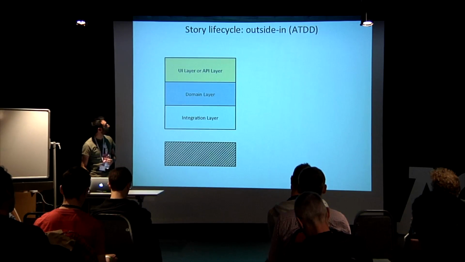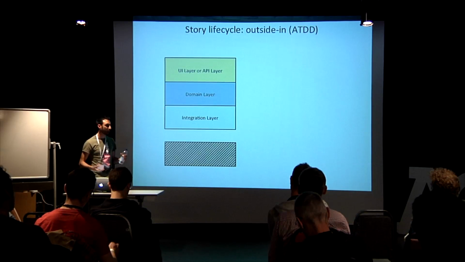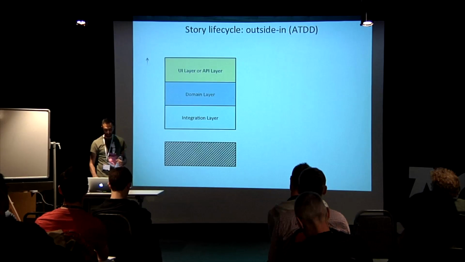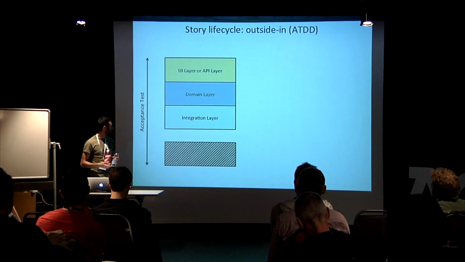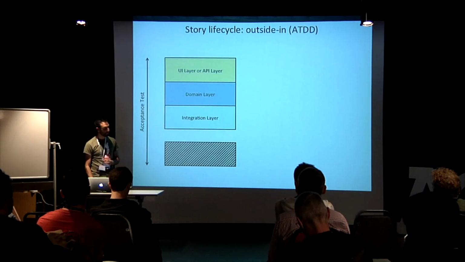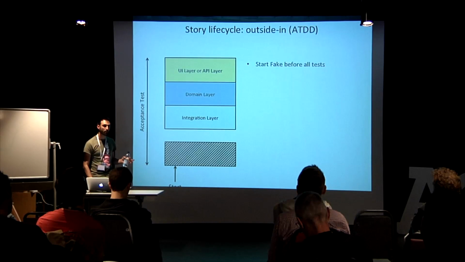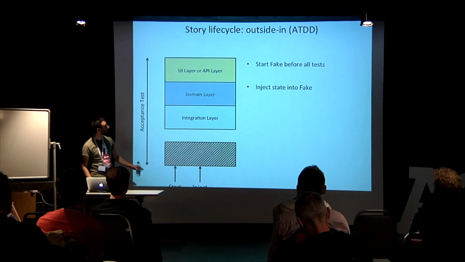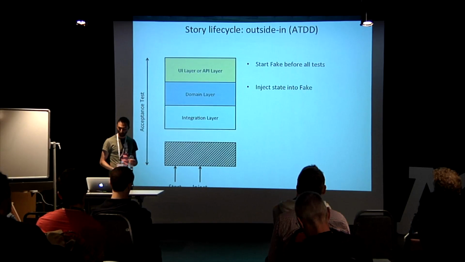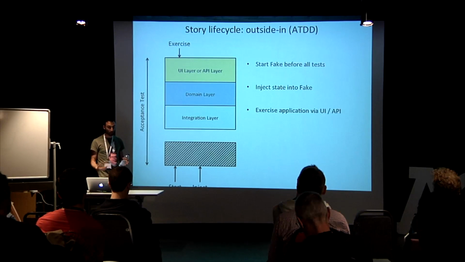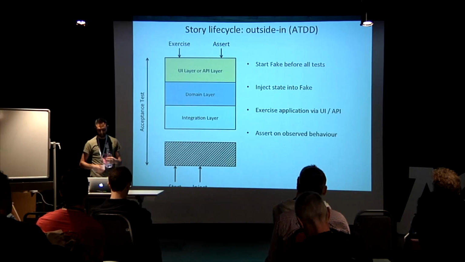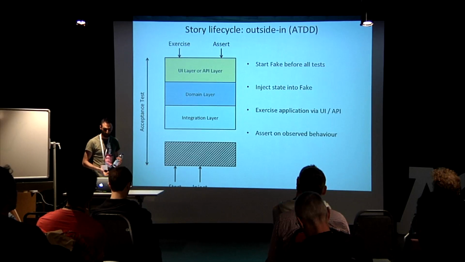A typical outside-in acceptance test-driven approach would be to start your story with an acceptance test, and you start your fake before you run all your tests. You'd inject some data into that fake for that particular scenario, then exercise the application, assert on the observed behaviour, and then reset the fake between each test.